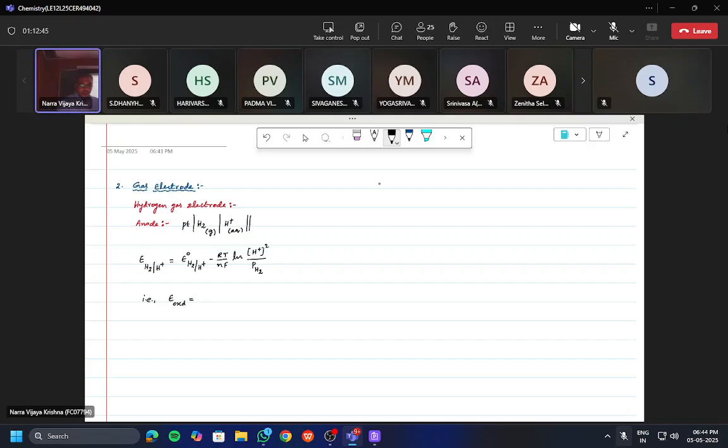So E oxidation equals 0.0591 divided by 2 log of P of H2 upon concentration of H plus square. I have to remove this minus sign. Right?